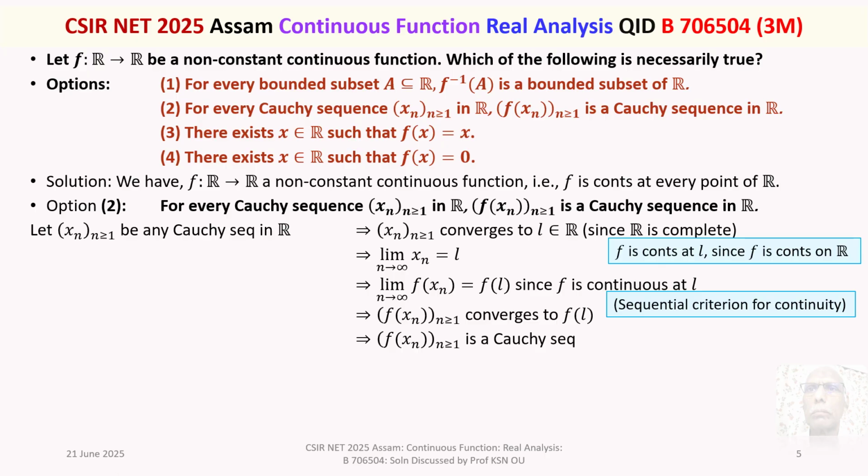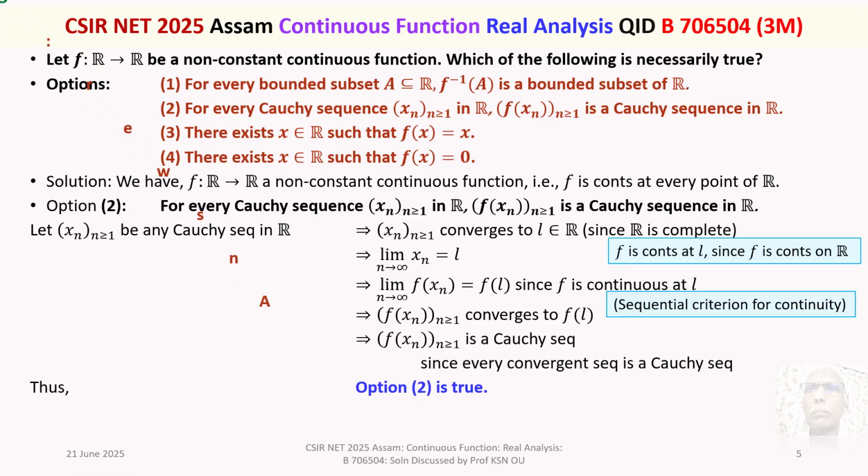We got the result. Why does this happen? Since every convergent sequence is Cauchy, because R is complete. Thus, what we got is option 2 is true. The answer to this question is option 2.